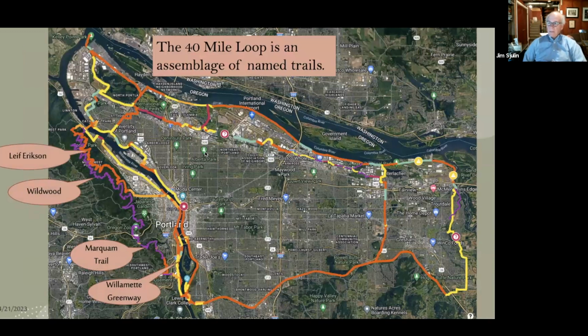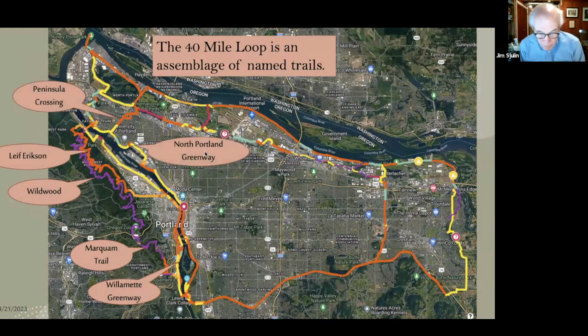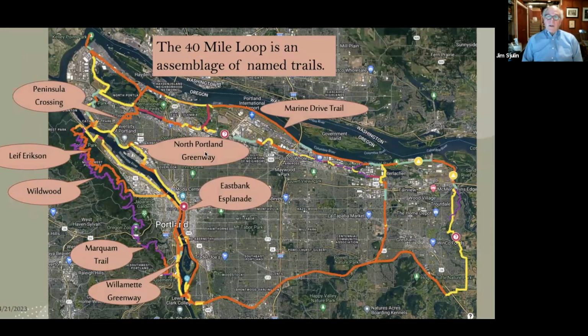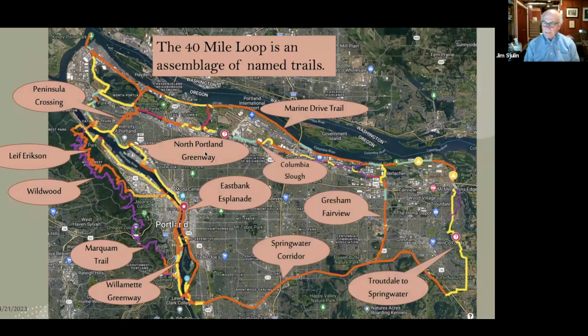And this is the only one that's animated, but this slide is to communicate that the 40-mile loop really is an assemblage of named trails. So if any of you come to Portland and you ask, I'd like to see the 40-mile loop, you're most likely going to be greeted with a puzzled expression.